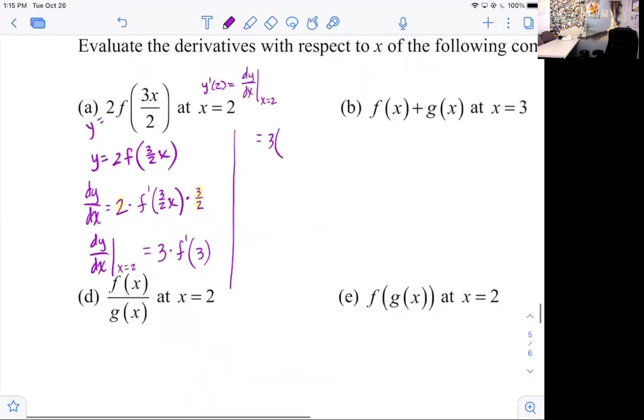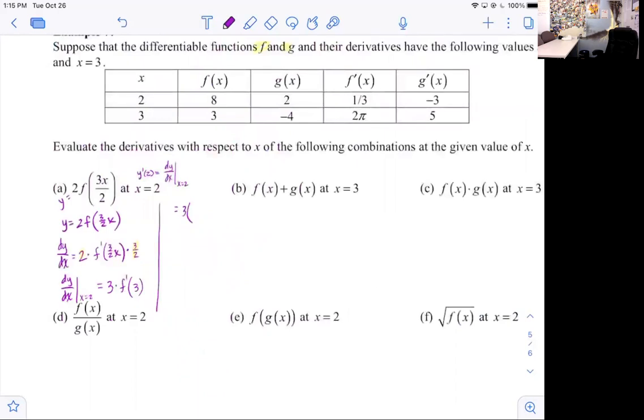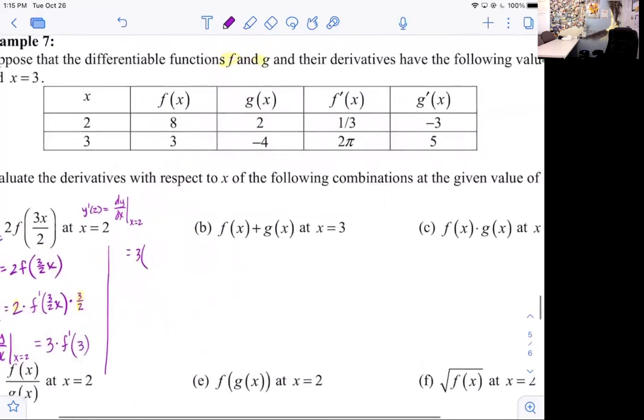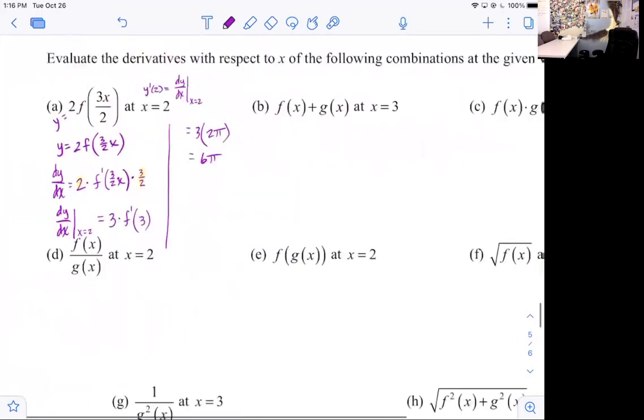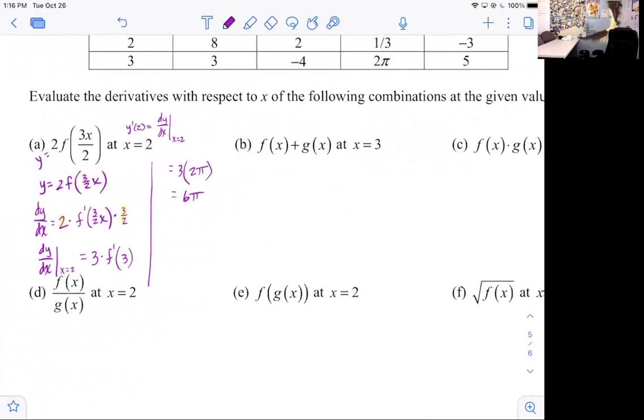F prime of 3, please be there. F prime of 3 is 2 pi. Of course, you stop there on a free response, or you go ahead and multiply them out and you get 6 pi. There's the answer, 6 pi. Find the derivative as a function of x before you plug in. All right, questions on A?